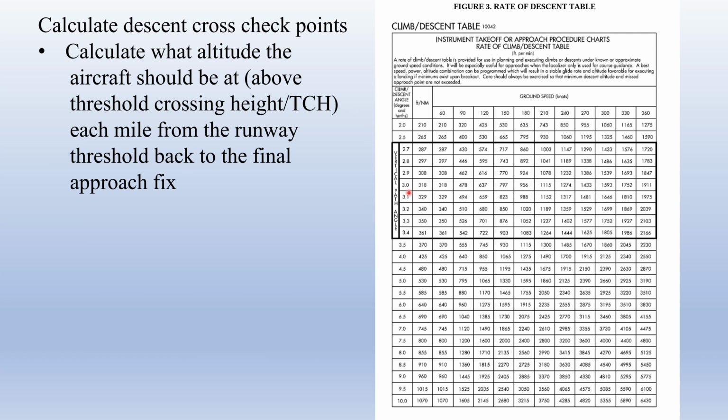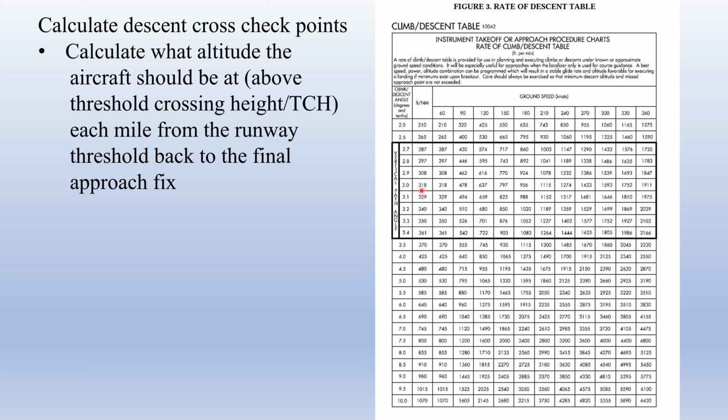And at a 3.1 degree angle, we should be 329 feet above the runway for every mile we are away from the runway. So if we average those two out, we have a 3.05 degree angle, so that comes up to be 324 feet above the threshold crossing height for every mile we are away from the runway.